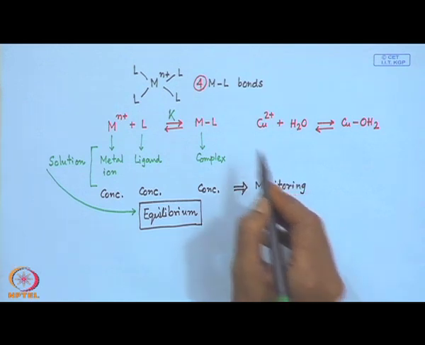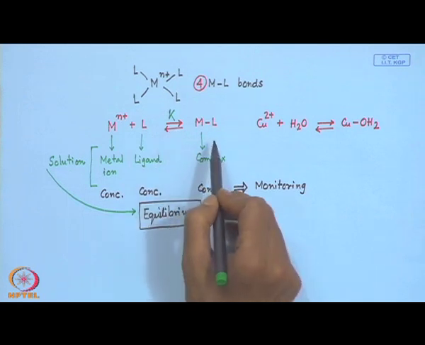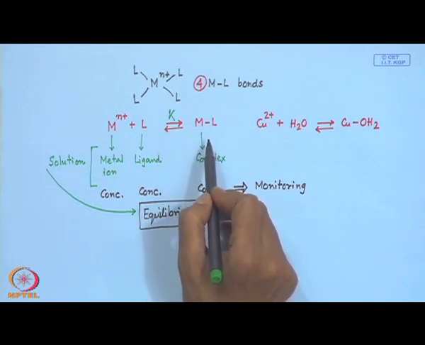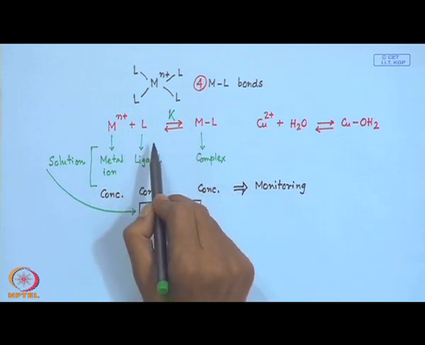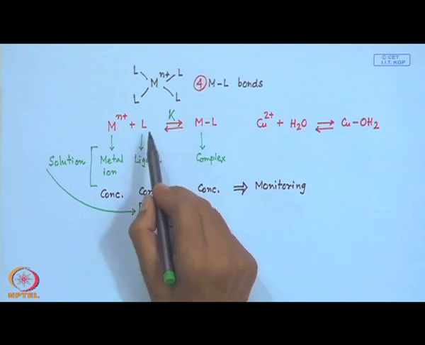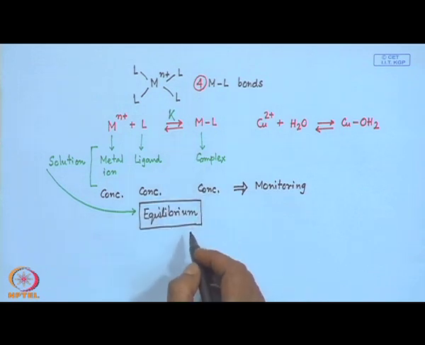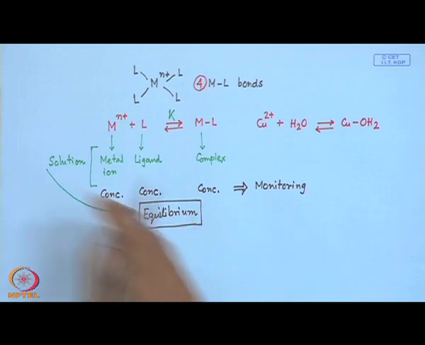That means, the equilibrium constant which can tell us how quickly the corresponding metal complex will form from the individual components. That equilibrium constant for the forward reaction we can measure, and the constant can be monitored for the different stages of the equilibrium.